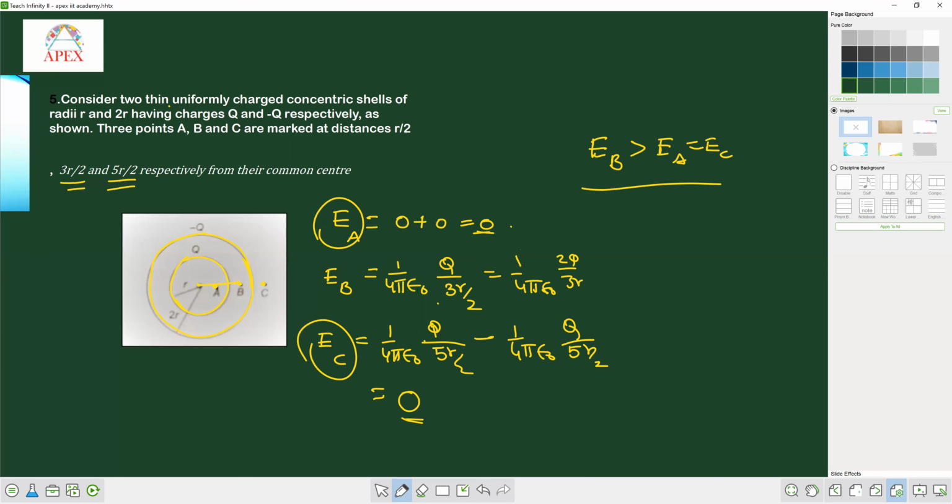This question is based on the point that inside a spherical shell the electric field is equal to 0, and outside the spherical shell the electric field is 1 by 4 pi epsilon naught Q by R square, of course.